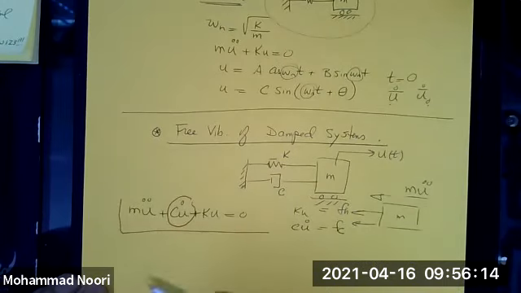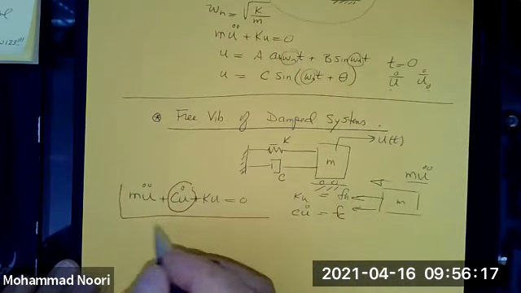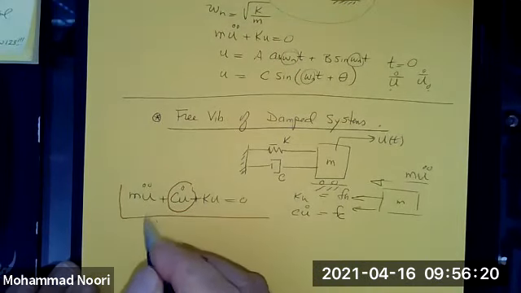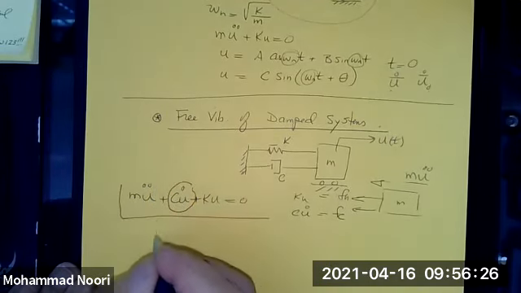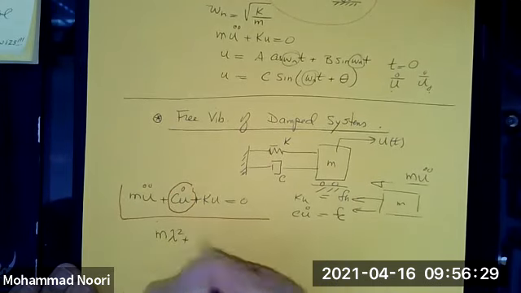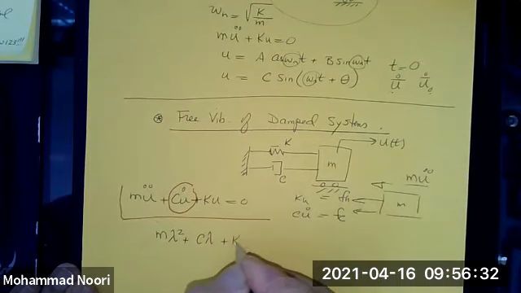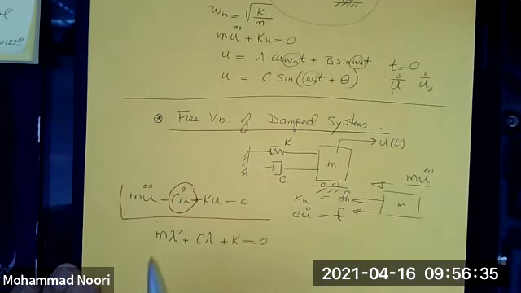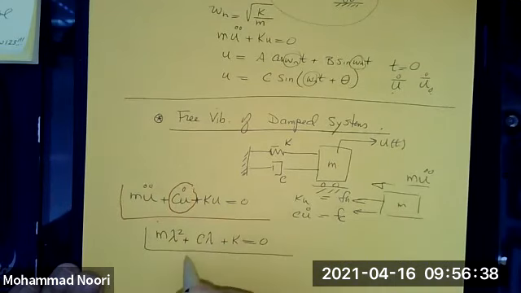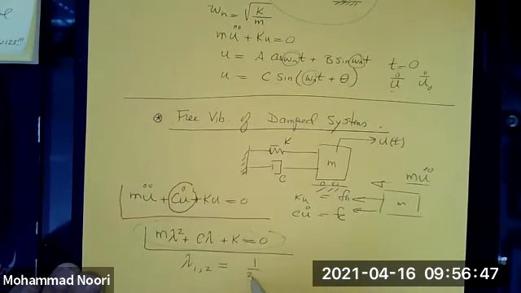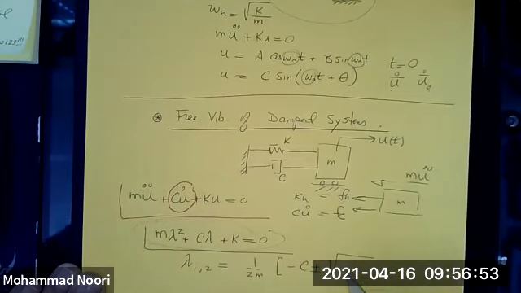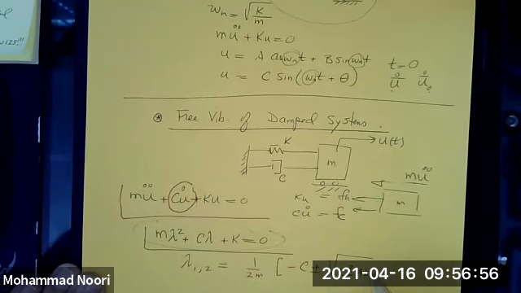If you remember from your differential equations, you assume again the solution is of the form e to the lambda t, substitute it in this equation, simplify, and you end up with this equation, which we call the characteristic equation. The roots of this quadratic equation are going to be 1 over 2m times minus c plus and minus the square root of c squared minus 4km.